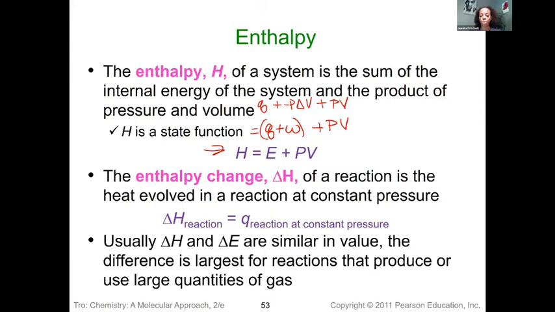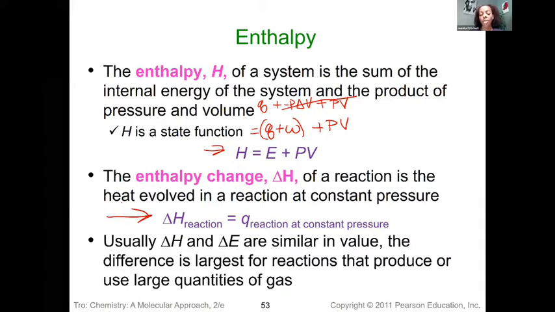If we do that substitution, these portions cancel out, and what remains is that the enthalpy, or H, is equal to just the heat of the reaction at constant pressure. And so this is what we're going to be utilizing as we're solving these problems.